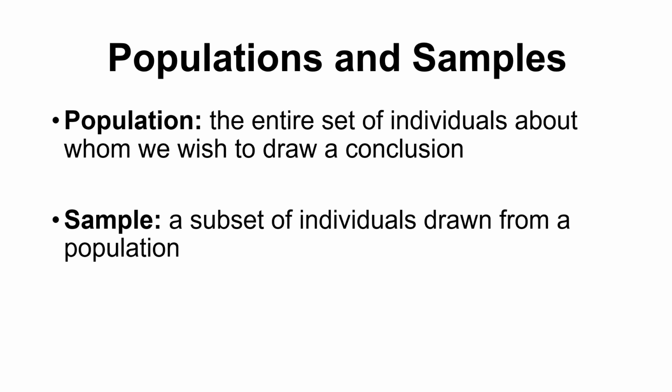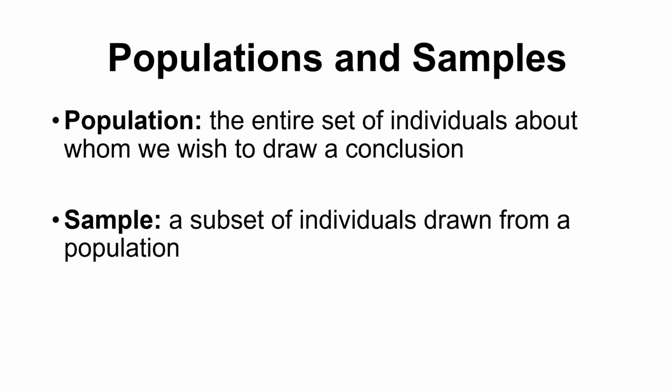Our sample is a subset of the individuals that we draw from the population. The sample are the people that we are going to conduct our experiment or do our research with. They're going to come from our population, and if we've done our jobs correctly, a sample should represent our population.